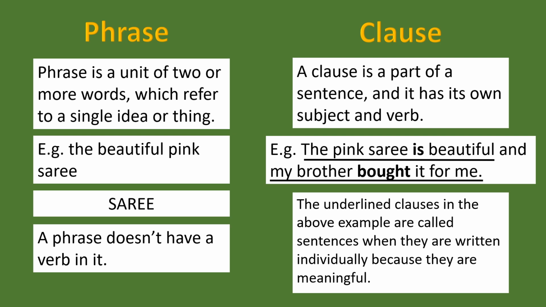See, the pink sari is beautiful. This is individual. It is meaningful. My brother bought it for me. This is also meaningful individually. So both the clauses here in this example can be called sentences when they are written individually.